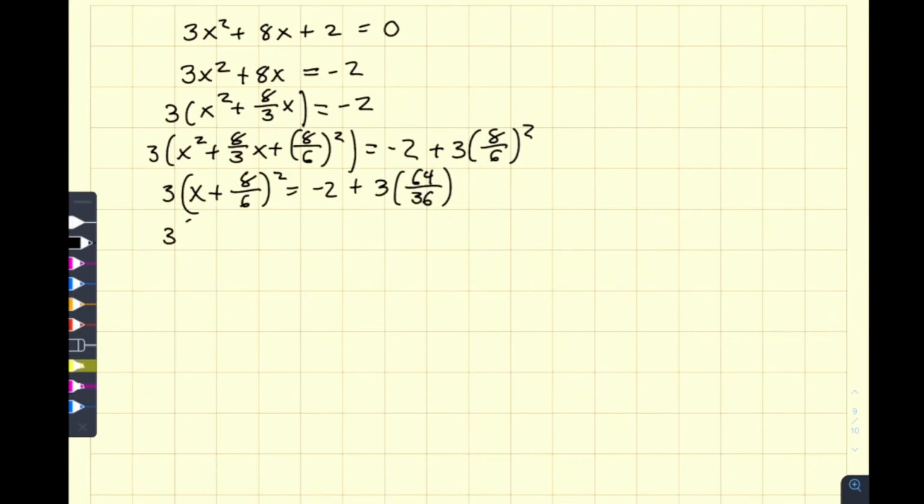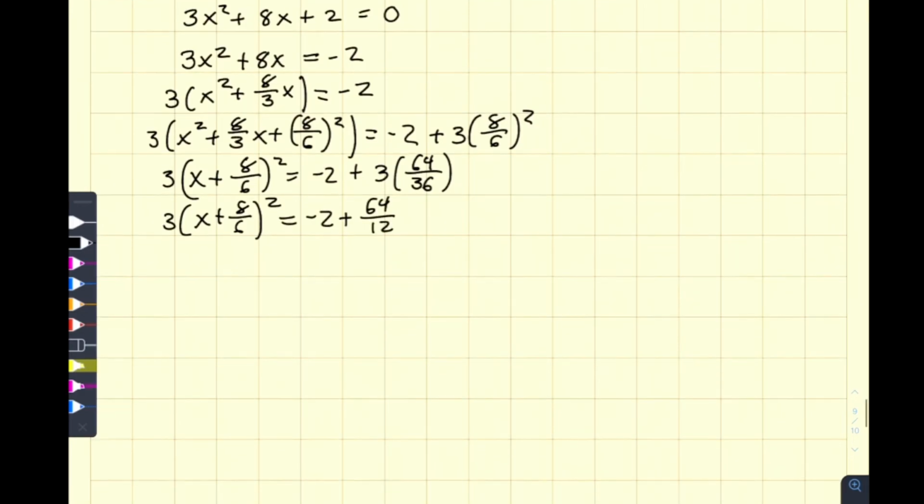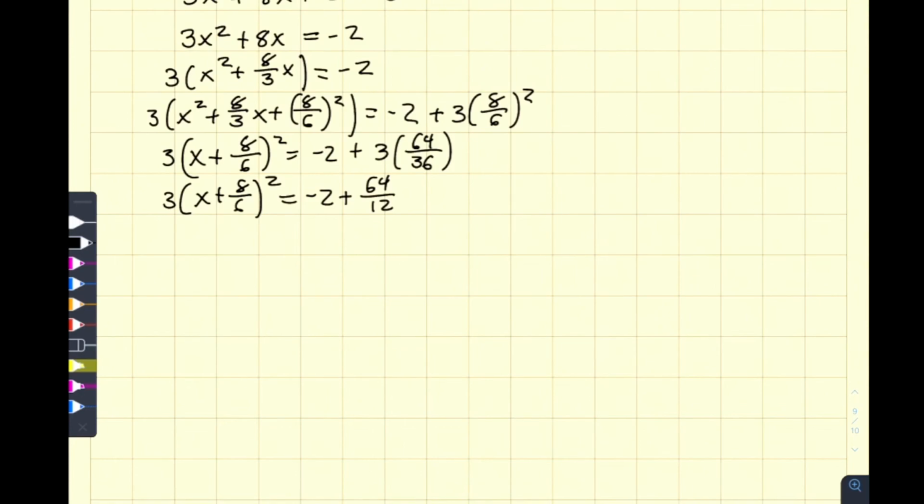Now this would be 3 times (x plus 8 over 6) squared equaling negative 2 plus 64 over 12. I'm going to flip these from one another, and this will be 64 over 12 minus 2. And we can simplify this one to 32 over 6 minus 2, which is also 16 over 3.